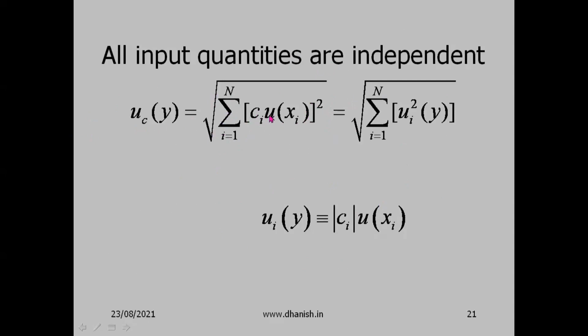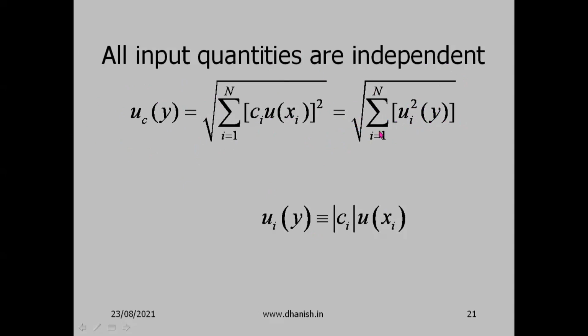Ci into standard uncertainty of xi we can denote by another notation, uncertainty of y due to the ith input quantity, whole squared. So sigma i equal to 1 to n of (uncertainty of y due to the ith input quantity) squared, whole raised to half, is the combined standard uncertainty in y. It is just a simple extension, we are just adding as many terms as there are variables.